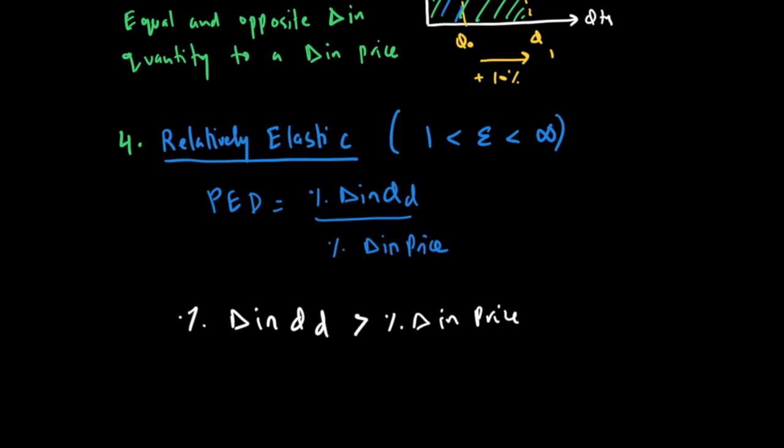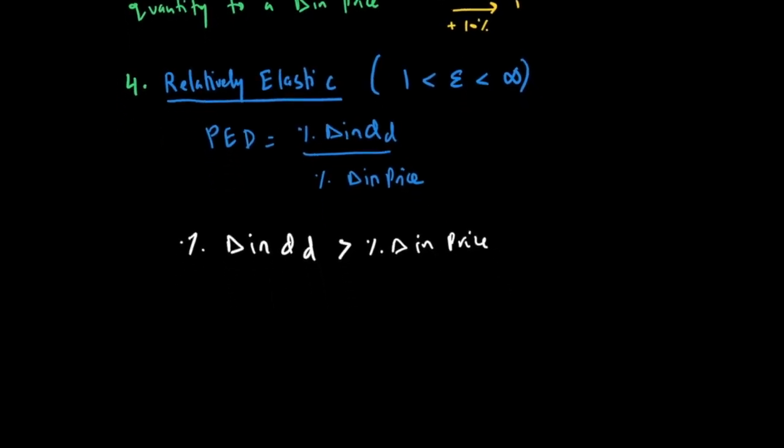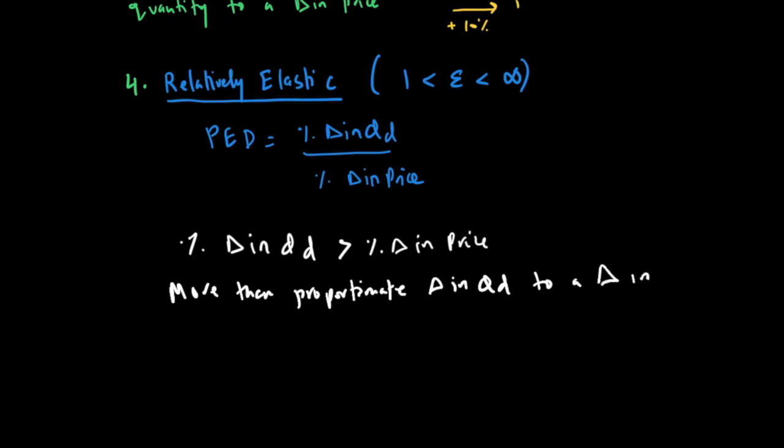So in this case, the good has a more than proportionate change in QD to a change in price. The good is very responsive to a change in price.